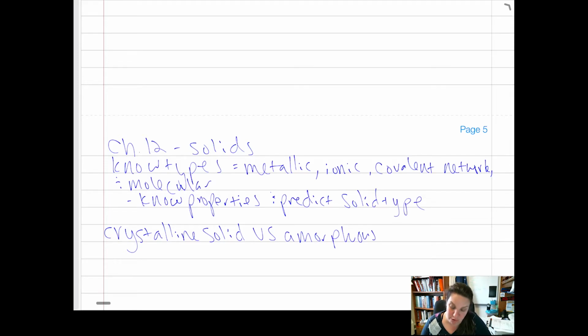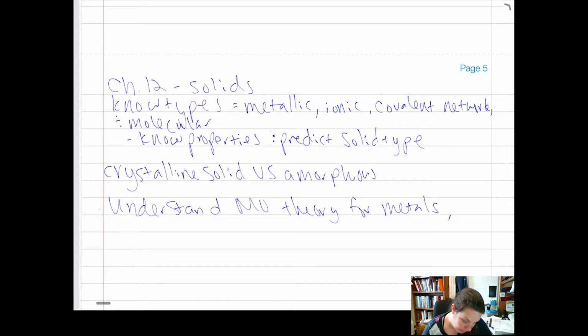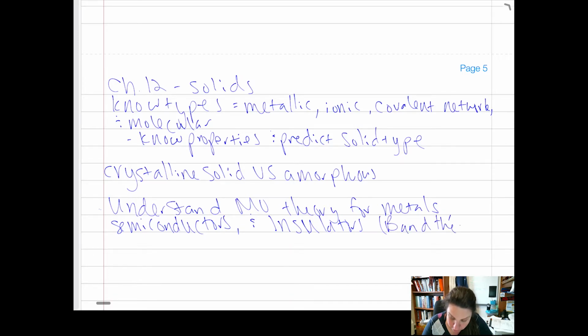Understand MO theory for metals, semiconductors, and insulators. So we're talking about band theory with that. So know your conduction band, know your valence band.